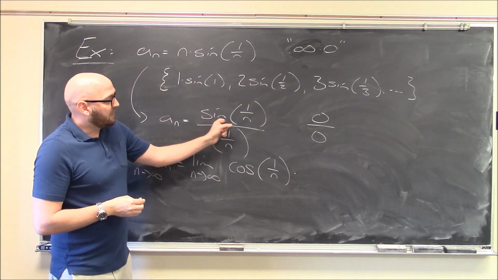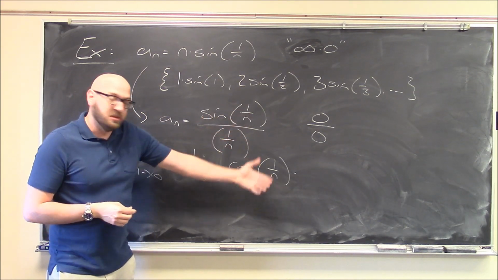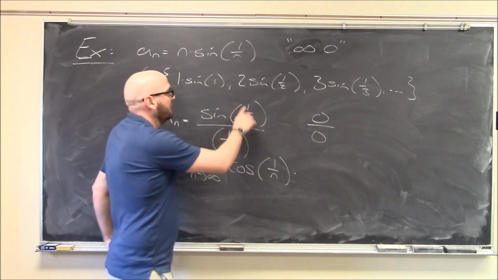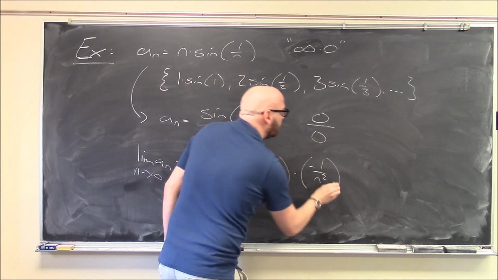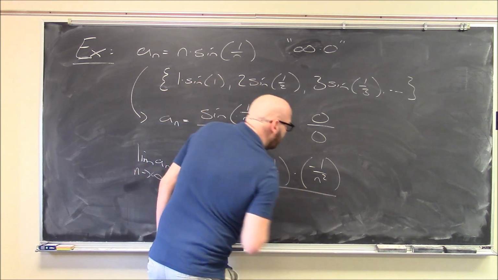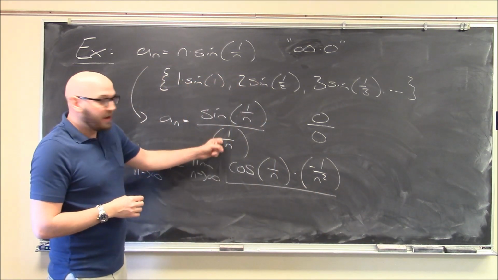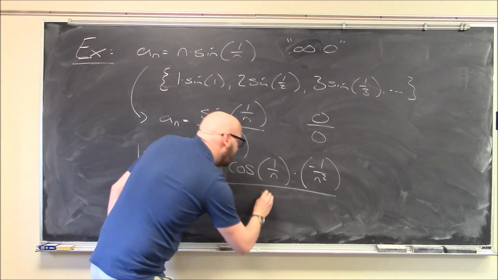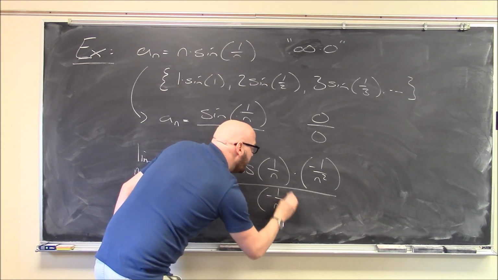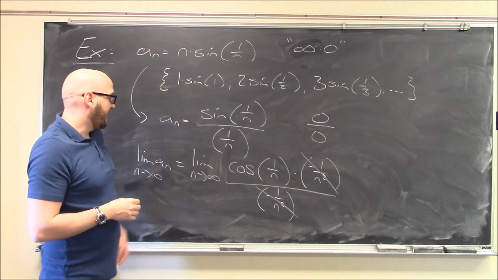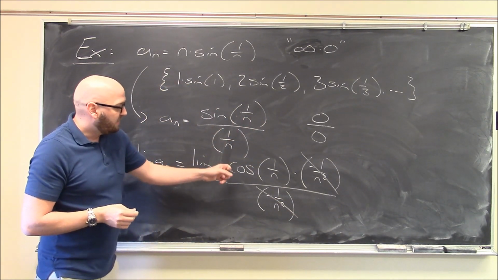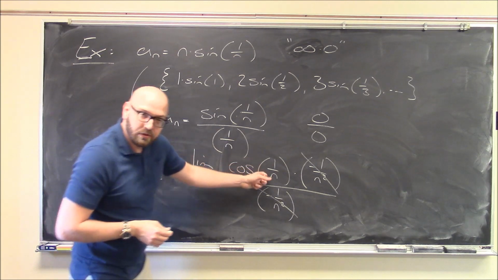Derivative of sine is cosine, inside stays the same, but now using the chain rule times the derivative of the inside here, derivative of 1 over n, check this if you want, is minus 1 over n squared, over the derivative of the bottom, and we just differentiate this, derivative of 1 over n is minus 1 over n squared. These minus 1 over n squareds cancel, and as n goes off to infinity, this is approaching cosine of 0, which is 1.